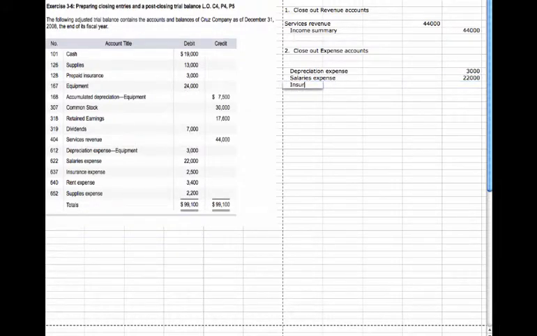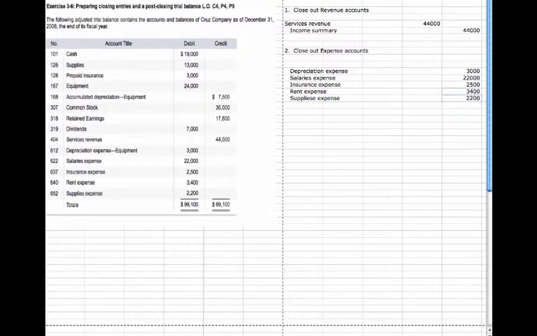Insurance in the amount of $2,500. Rent in the amount of $3,400. And supplies in the amount of $2,200.